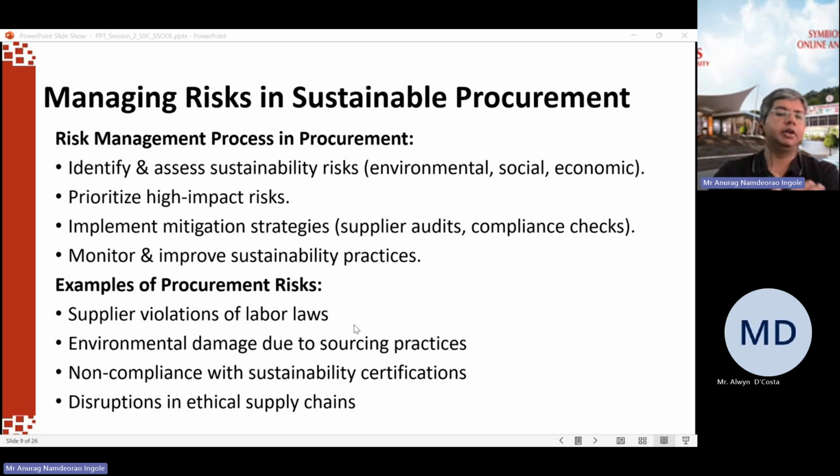If I'm selecting a new supplier, what are the risks related to environmental aspects because of this supplier, whatever kind of facilities or manufacturing processes they have, what equipment they are using, and what are the environmental risks related to that equipment use. What are the social risks associated with this supplier? What are the economic and sustainability risks related to this supplier?